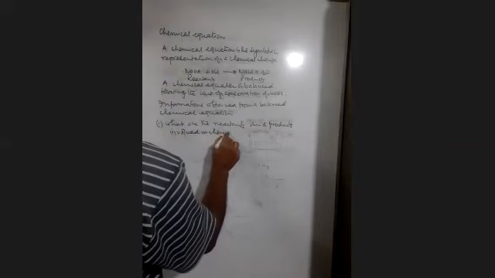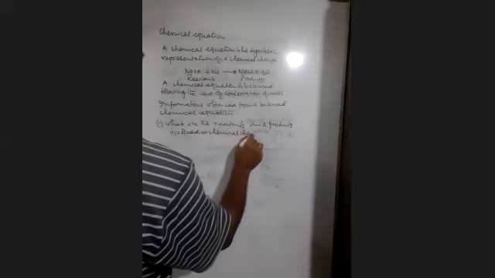Reactants are written on the left hand side and products are written on the right hand side. So these are the reactants and these are the products involved in the chemical change.